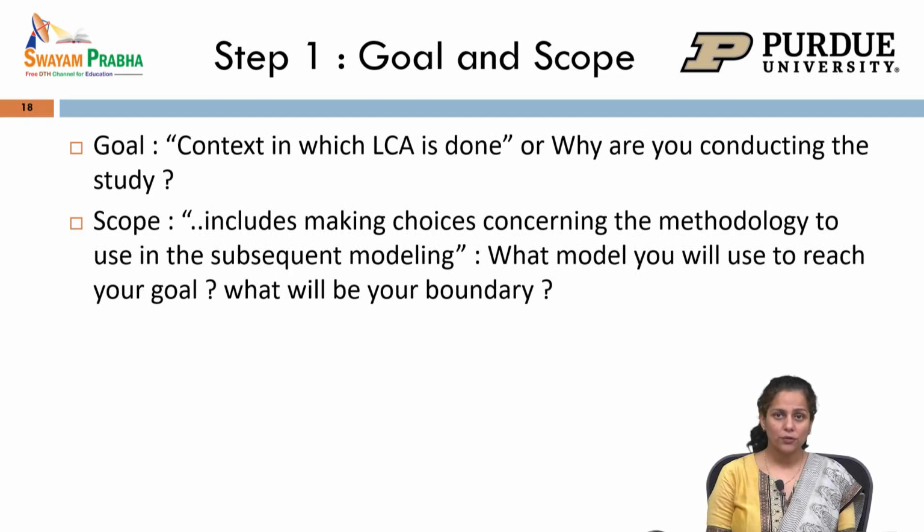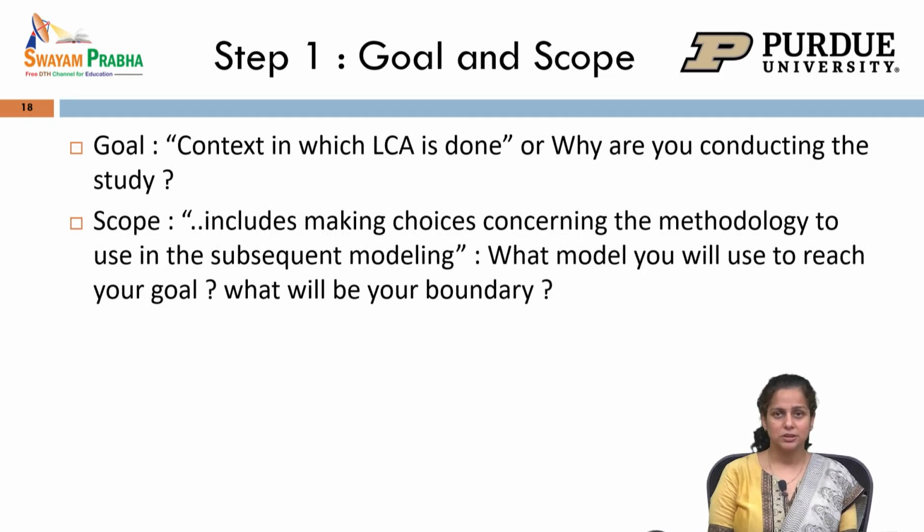Based on the goal of your model, the way you set up the model becomes different. Similarly, in life cycle assessment, when we set up the goal, we know what the focus of my LCA is and what it is going to be used for. Based on that, it determines how we set up the boundary, how we collect data and what kind of impact assessment and analysis we are going to do.